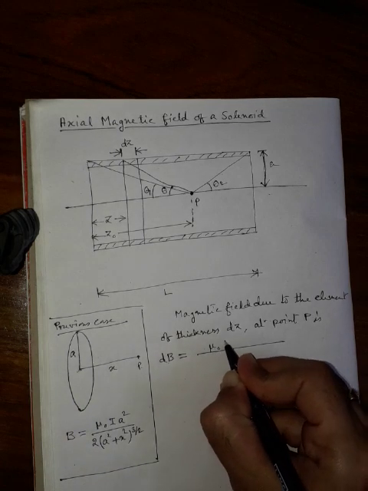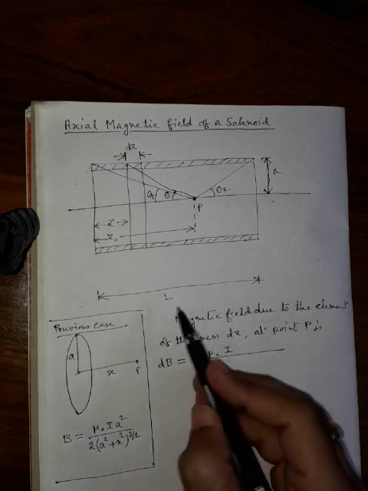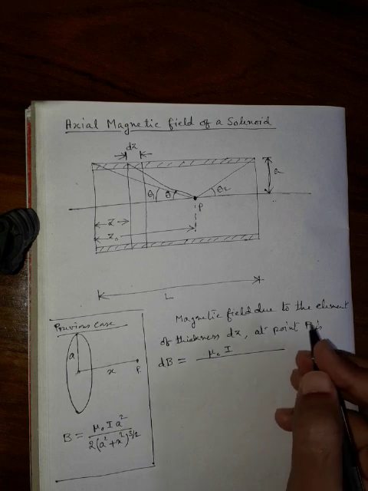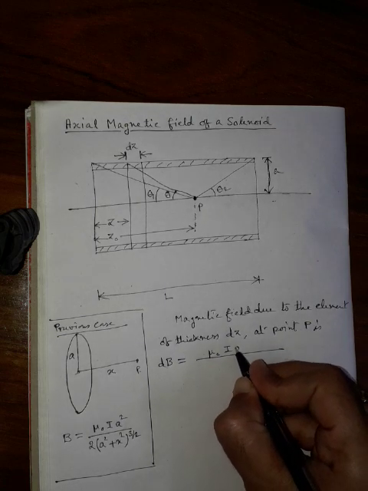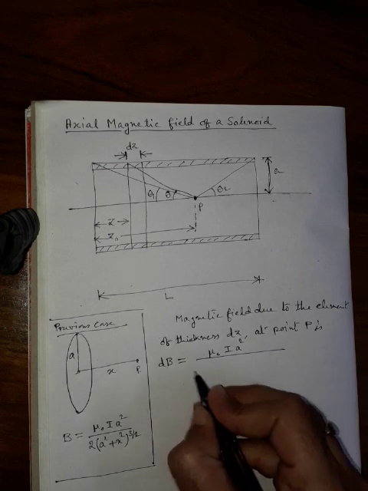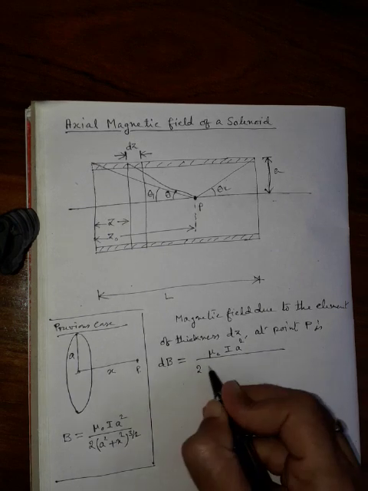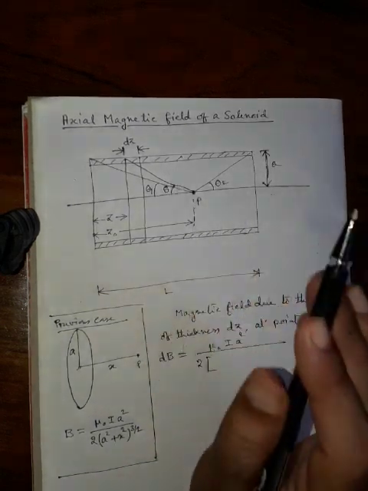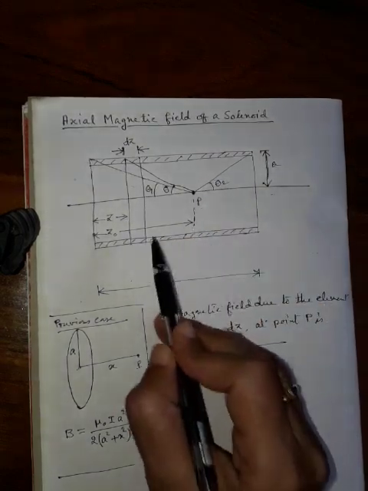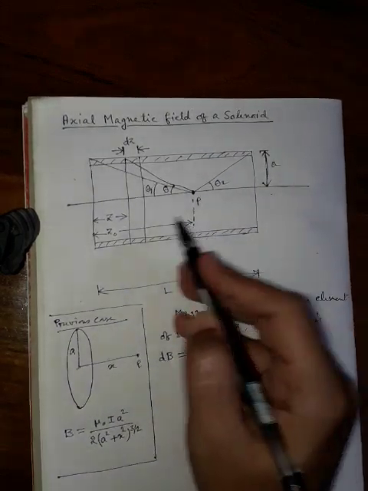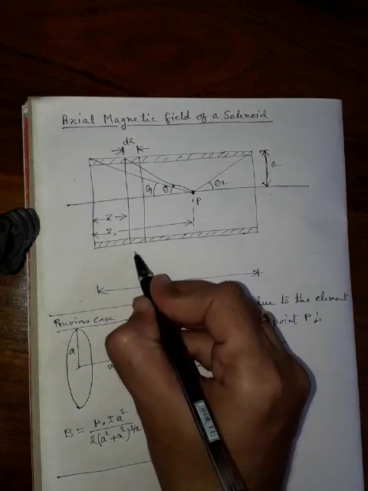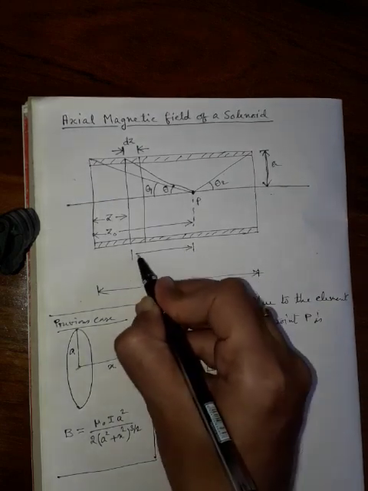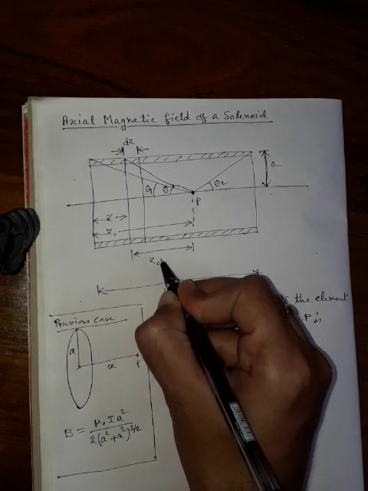mu 0 I, where I is the current through this solenoid, a square by 2 into, look at here, for this special case, the distance here is actually this, which is z0 minus z.